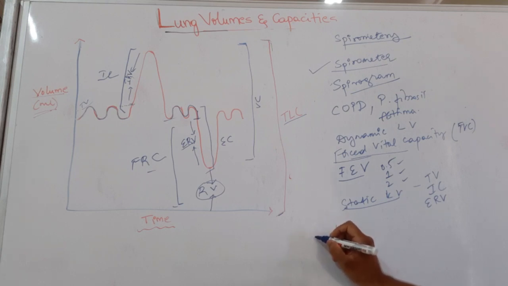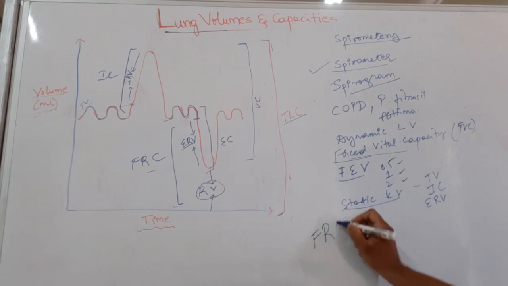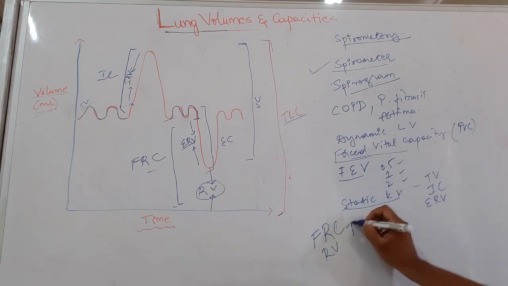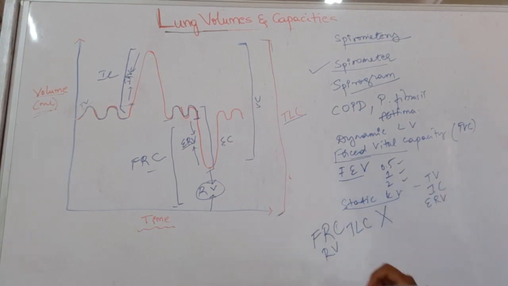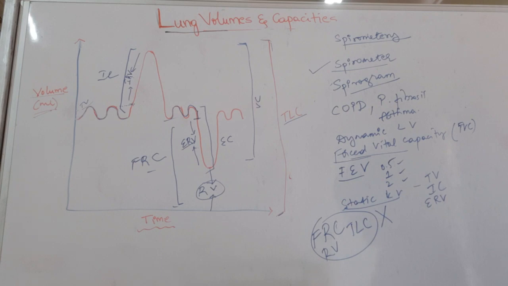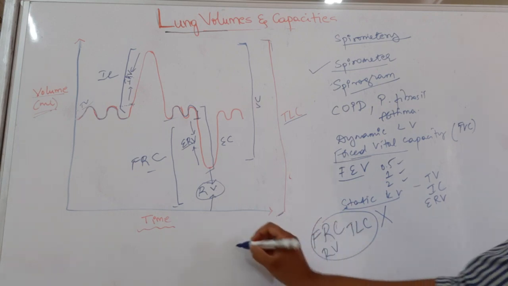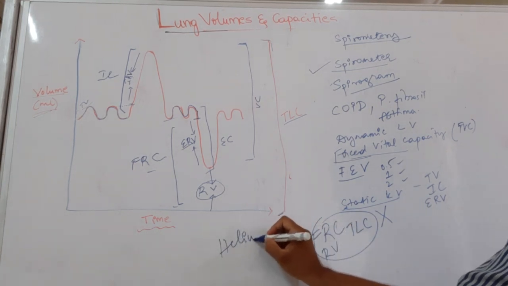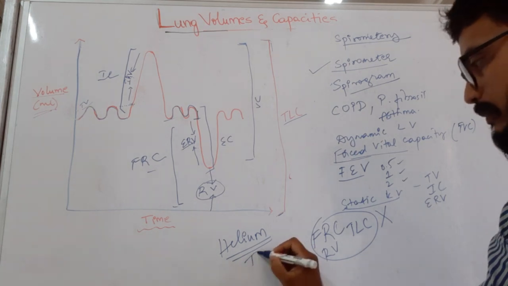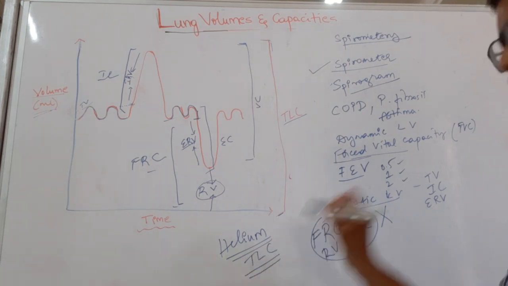However, the functional residual capacity, the residual volume or the total lung capacity cannot be measured using the spirometer. Helium dilution technique: helium is an inert gas, and this helium dilution technique is used for the measurement of total lung capacity.